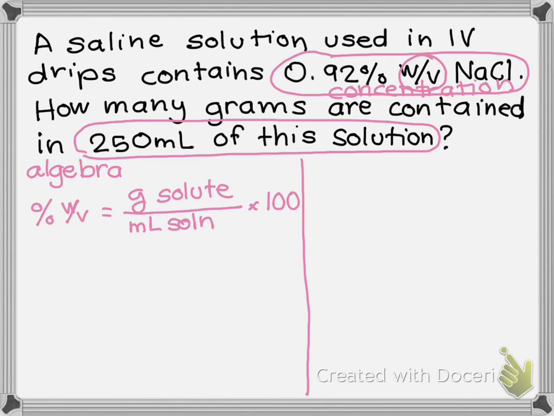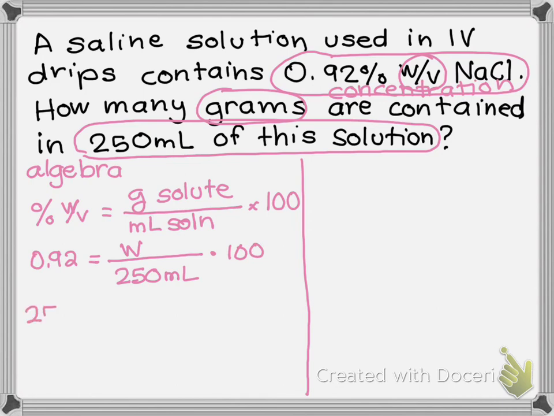That's the equation for percent weight to volume. So in algebra, I would just plug it in. So I'd say 0.92% equals, well, how many grams? That's the question. So I'm just going to put W for weight because I don't know that. And the milliliters of solution, which is 250, times 100.